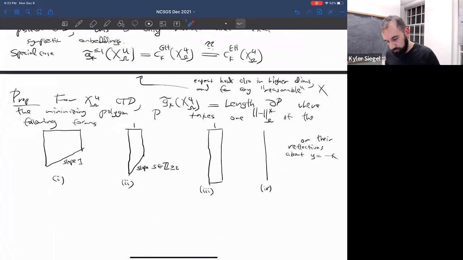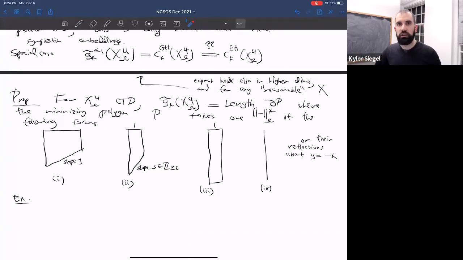But at any rate, the point of this proposition is that it allows you to give a very explicit formula for the capacity for relatively simple domains. So for example, if omega is a triangle or a quadrilateral, you can just directly write down a closed formula for the capacity.